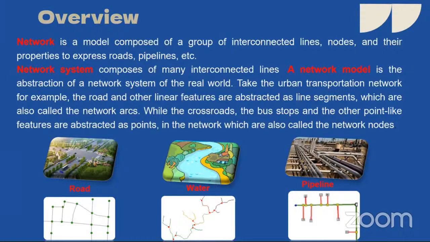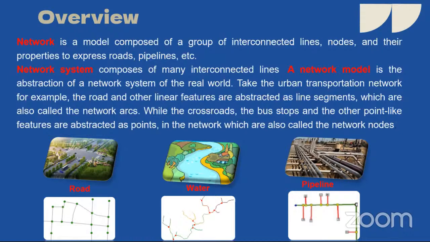For example, in an urban transportation network, the roads and other linear features are abstracted as line segments, which are also called network arcs. While the crossroads, bus stops, and other point-like features are abstracted as points in the network, which are also called network nodes.